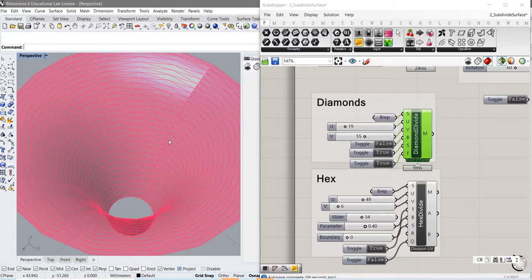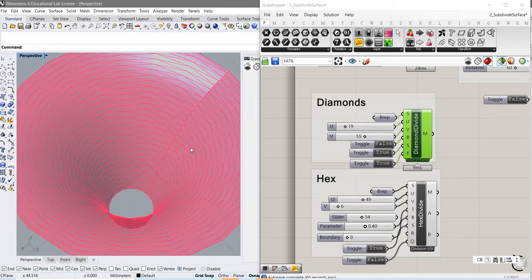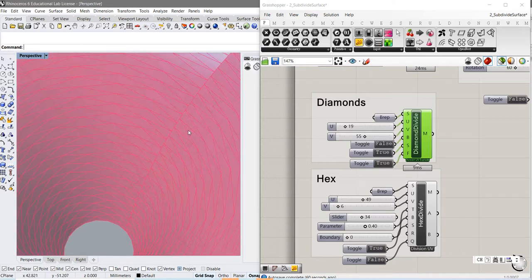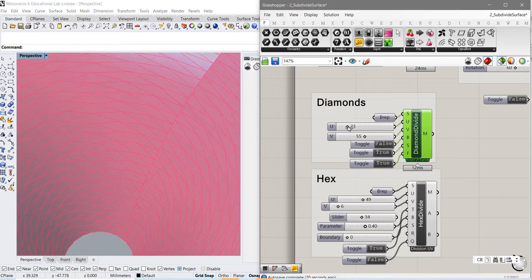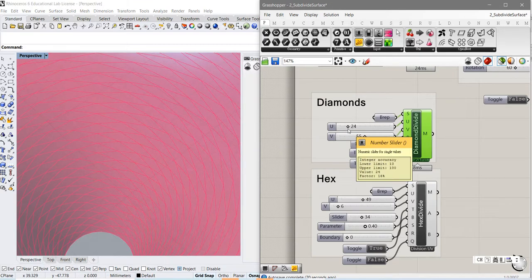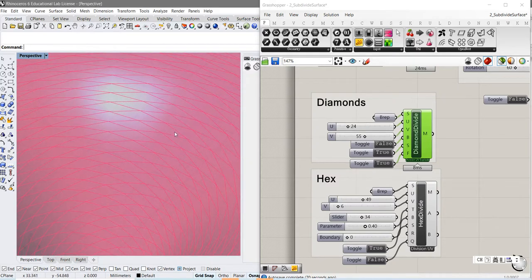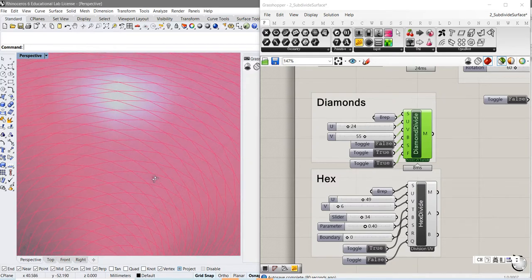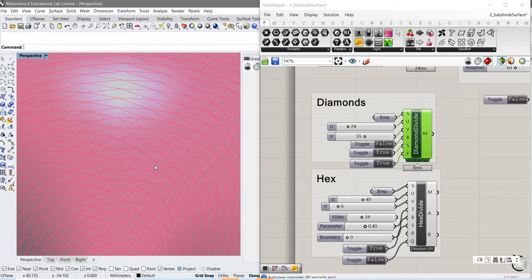Okay, and when you try to divide the entire surface into a continuous pattern, you somehow cannot avoid this problem. Let me see if I use an even number. Yeah, if you have an even number division, then at least visually you can overcome it, so you don't see this thing.